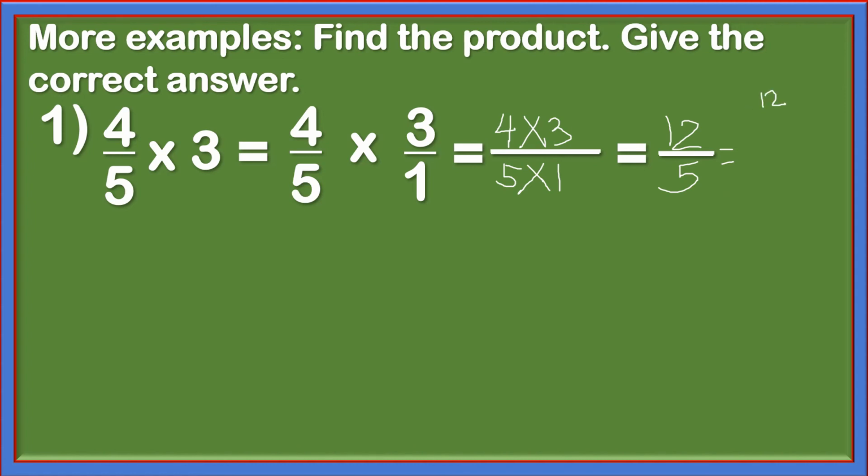Kasi 12 divided by 5, ilang 5 meron sa 12? So, dalawa. 2 times 5 will now become 10 equals 12 minus 10 is 2. So, meron pa siyang remaining na 2. So, what is the whole number? The whole number will be 2. Then, the remaining is 2 over 5. This will now become your answer.